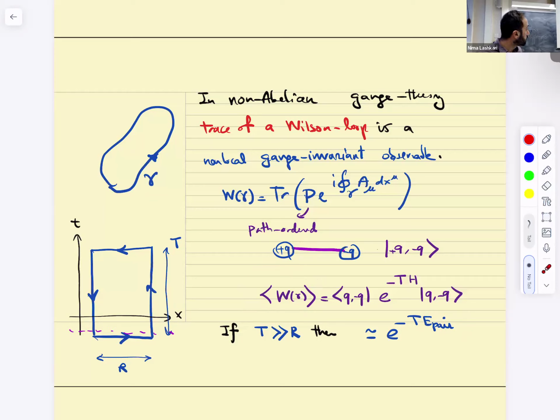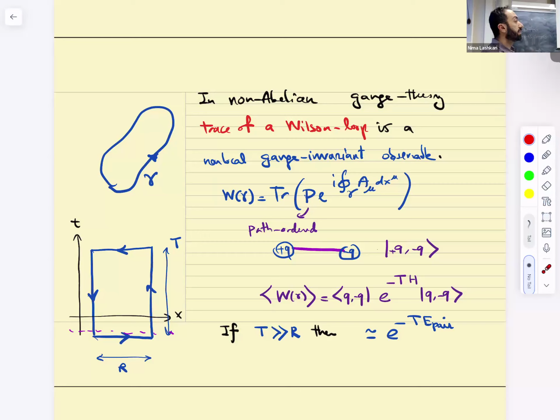Why the condition T much larger than R? When T is very large, the exponential minus T stuff is very small. Well, if this Q minus Q was an exact energy eigenstate, then this would literally be e to the minus capital T times E of the pair, right?